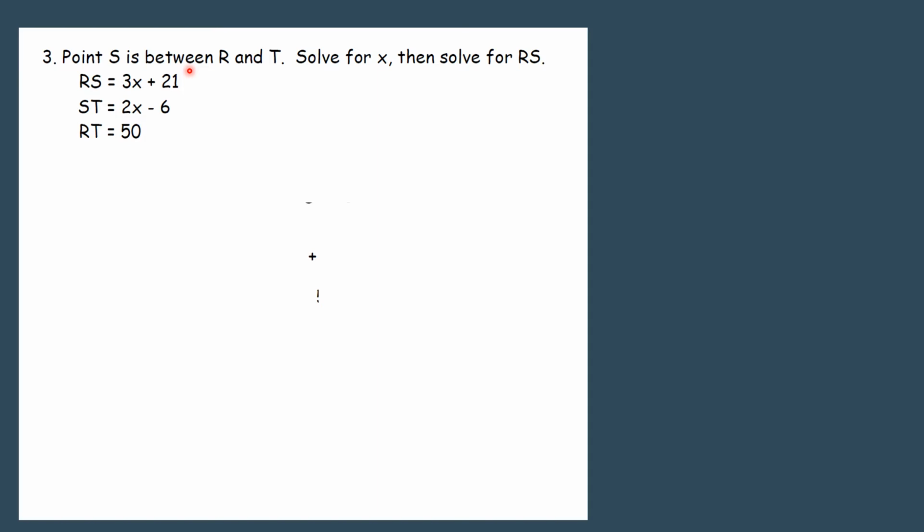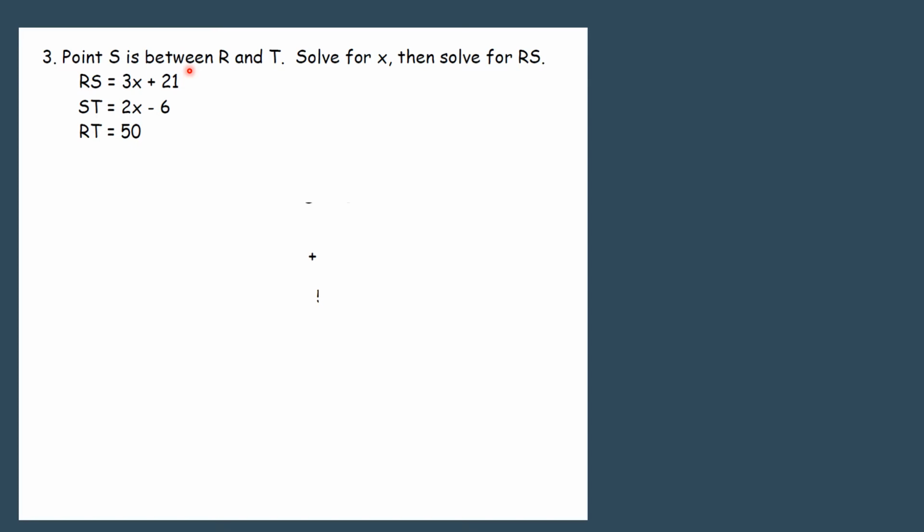No. Tom could possibly be a year older. I've already forgotten the other brother's name. The other one could be several years younger. So between just means somewhere between those 2 dates, not exactly in the middle. So point S is between points R and T means that when I go from R to T, somewhere I'm going to pass over point S.